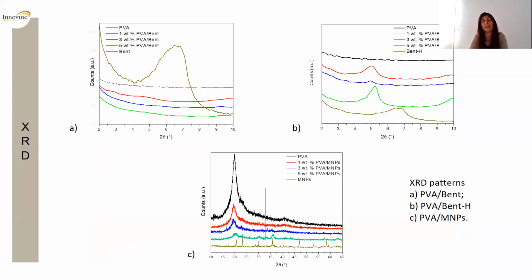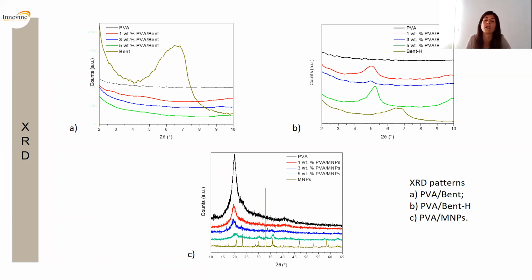Let's start with the X-ray diffraction. We can see in the first graph that the bentonite-containing composite hydrogels do not have the bentonite peak. So this is an indication that we have exfoliated clays within the PVA matrix. In the case of acid-treated bentonite, we have this bentonite peak, but it is present at lower angle values.